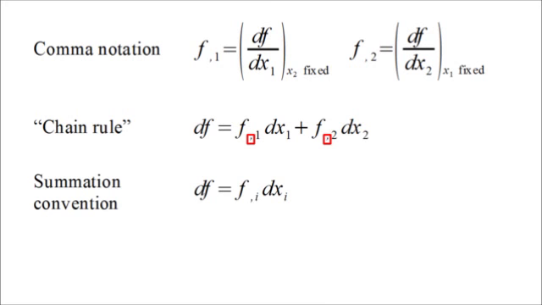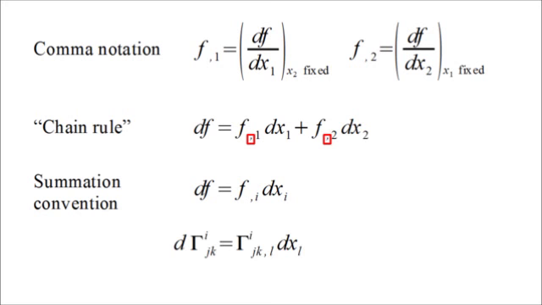And using Einstein's summation convention, where we automatically sum over any index that appears twice in one term, we can very conveniently write df is equal to f comma i dxi, meaning df is equal to f comma 1, the slope with respect to x1, times the change in x1, dx1, plus f comma 2, the slope with respect to x2, times the change in x2, dx2, plus so on, all the way up to however many variables we have.